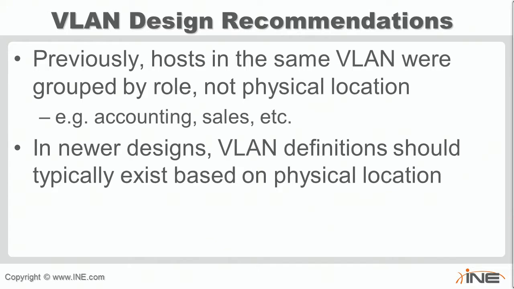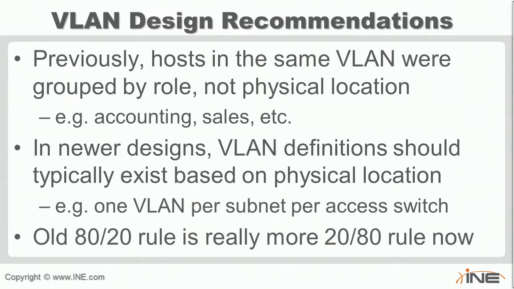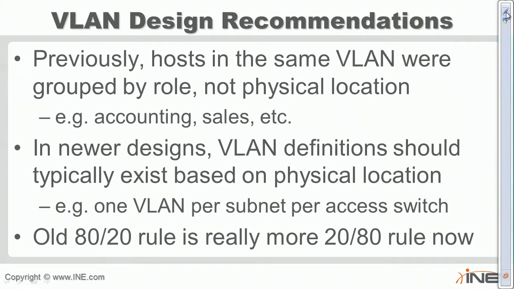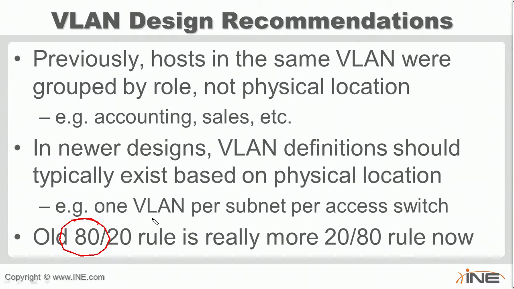The reason why is that originally the idea was that 80% of your network traffic was inside of the same VLAN, and 20% of the traffic went to another VLAN or to the WAN. In today's networks, in most cases, it's actually the opposite: 20% of your traffic is local, and 80% of your traffic is remote. So it's typically a simpler design just to match the physical geography of the network to the VLANs now.